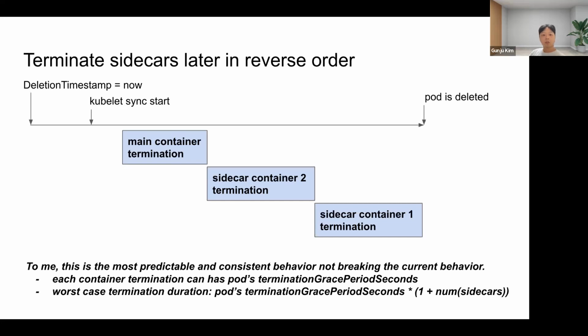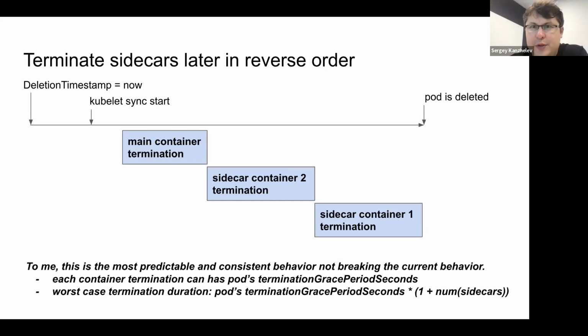Is it the kubelet sync start time, the moment the pod termination is requested, or the moment the first container starts termination? I'm not sure about the base start time for the termination.